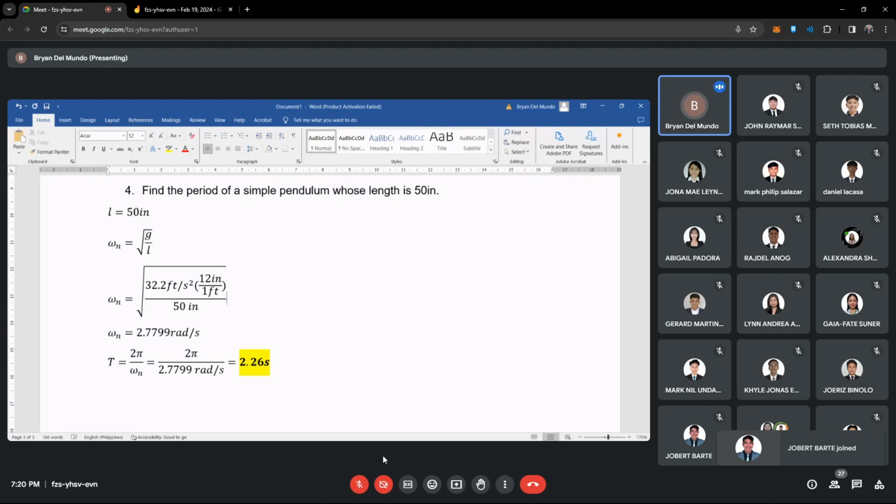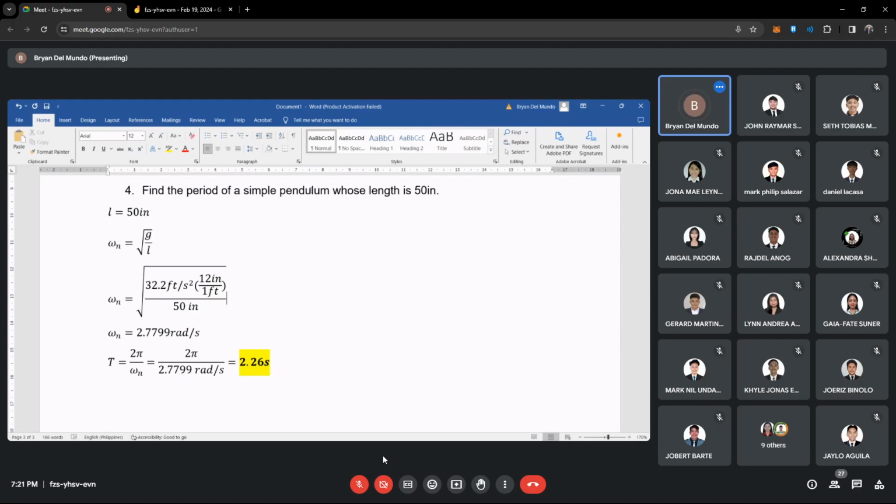Since siya ay naka-feet, to cancel yung ating units, convert lang natin into inches, all over 50. So nakakakuha tayo ng value ng omega n is equivalent to 2.7799 radians per second.